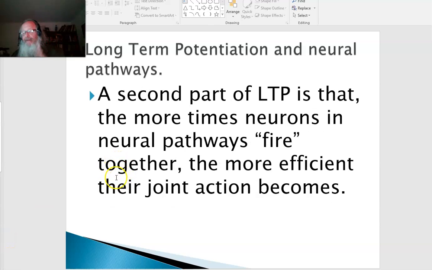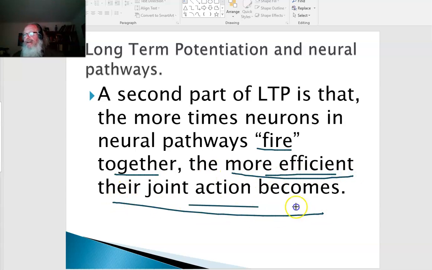A second part of long-term potentiation is that when we're talking about neurons that'll bundle together in either nerves or neural pathways, the more they repeatedly turn on together, the more they fire together, the easier it is for them all to fire together, the more efficient their joint actions become.